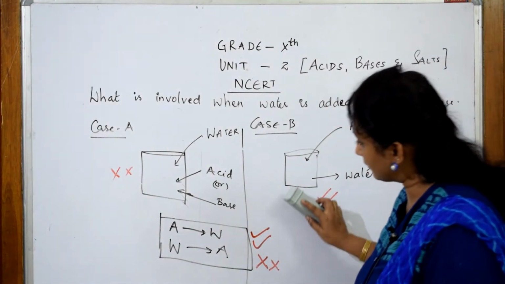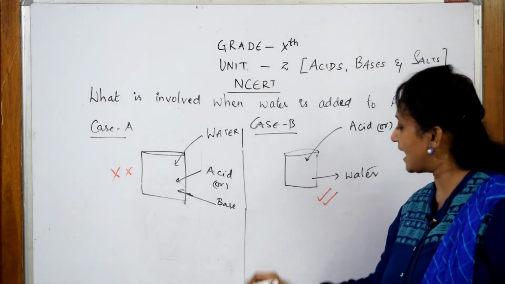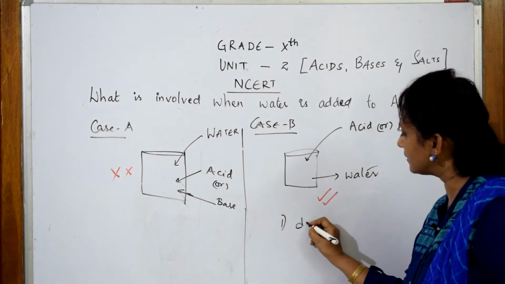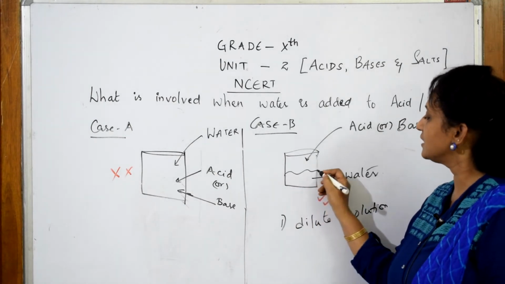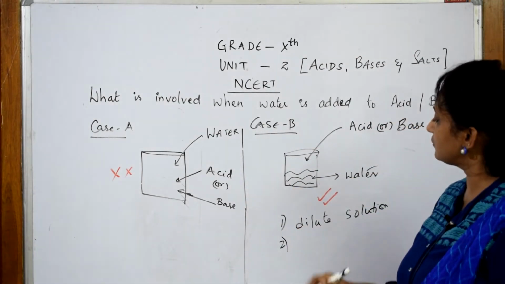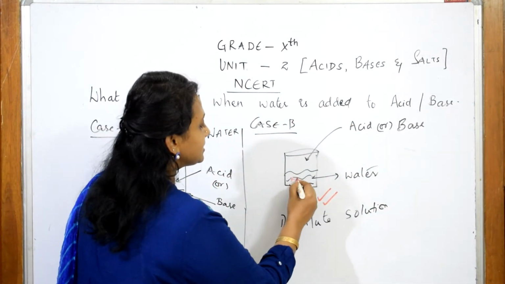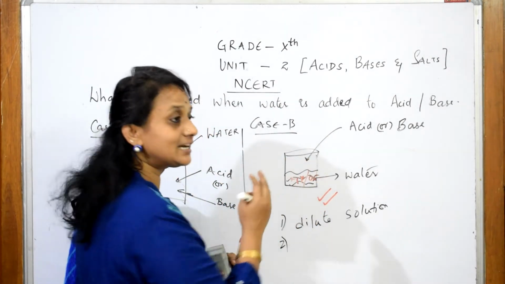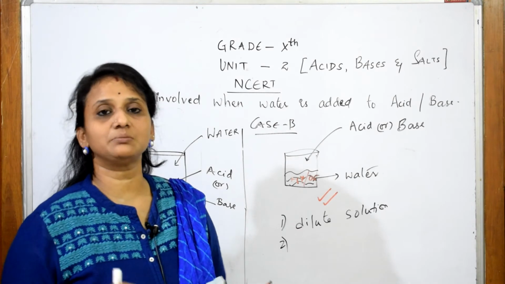Let us reason this. Whenever you add acid to water, it immediately becomes a dilute solution, because water is already there and you are adding acid to it. Next, all the water molecules will bind the H plus ions or OH minus ions, and the reaction that happens is very less violent, because the ions join in between the molecules of water.